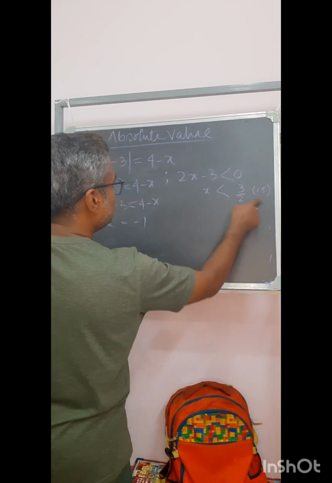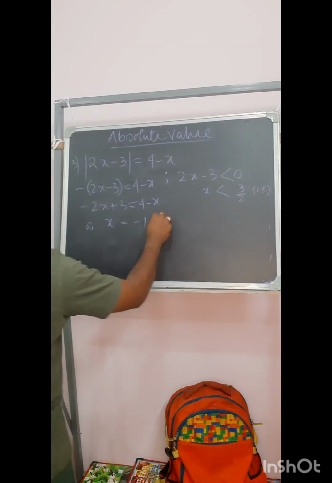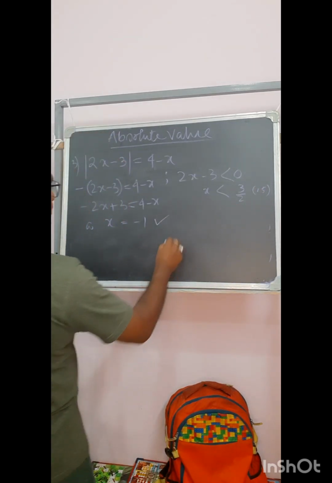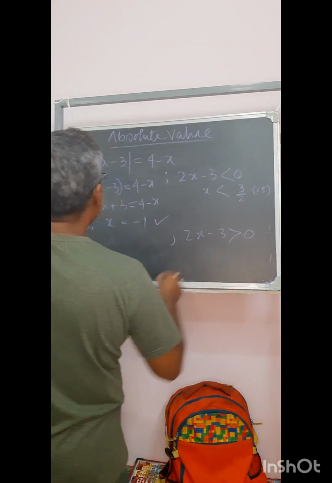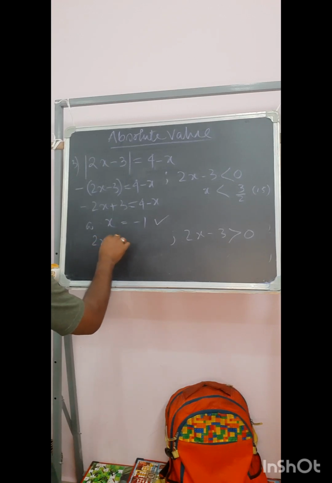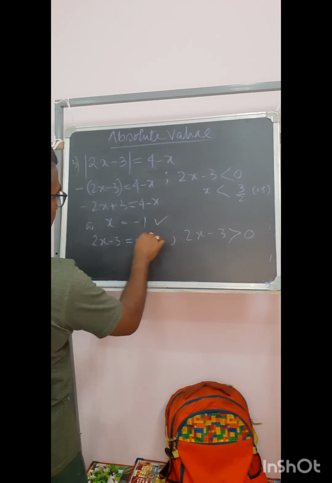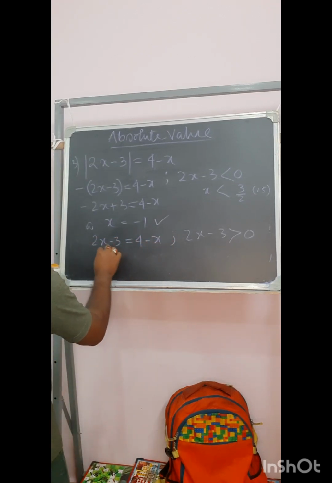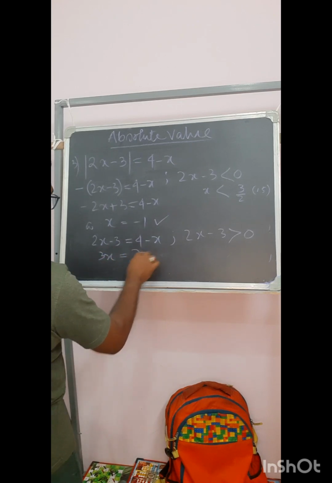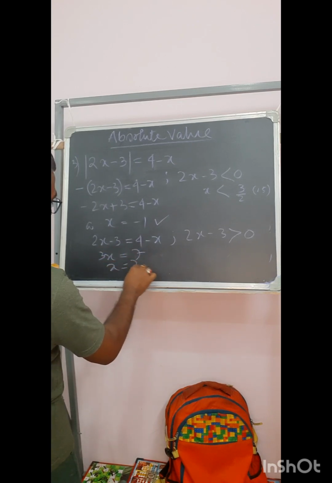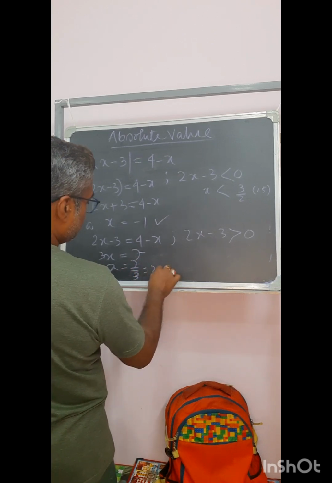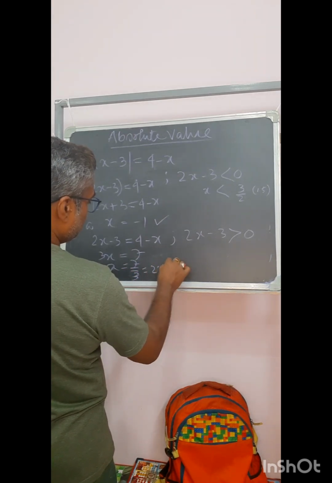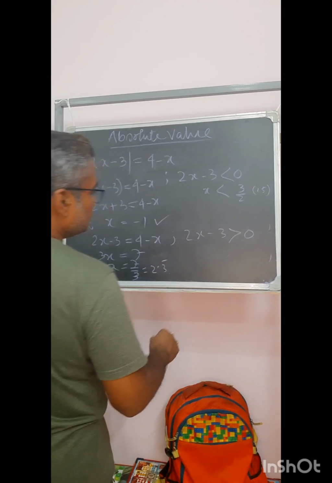So x less than 1.5, minus 1, is satisfying. Second condition where 2x minus 3 is greater than 0, so 2x minus 3 is equal to 4 minus x, that means 3x is equal to 7, x is equal to 7 by 3, so it is almost 2.3 bar.